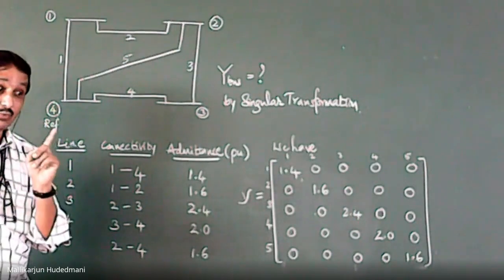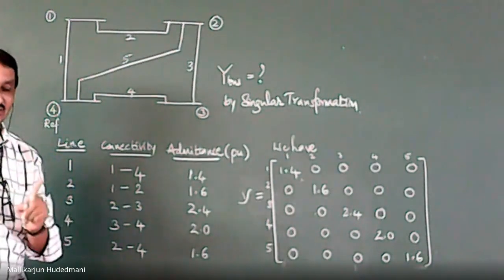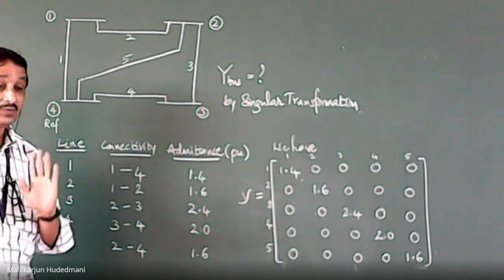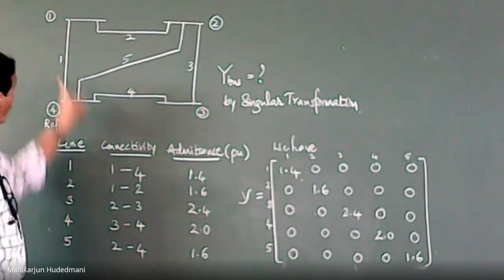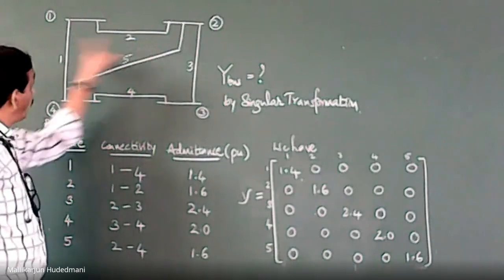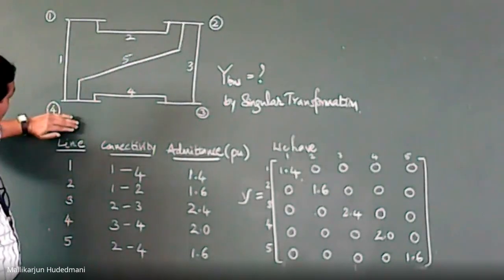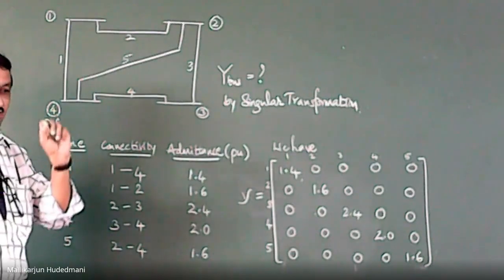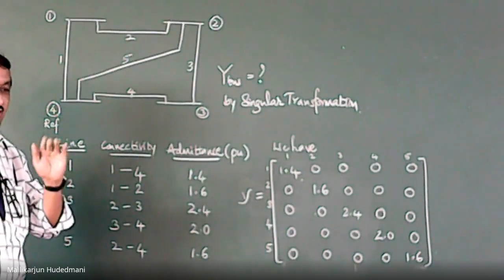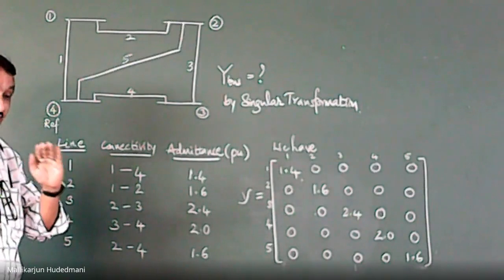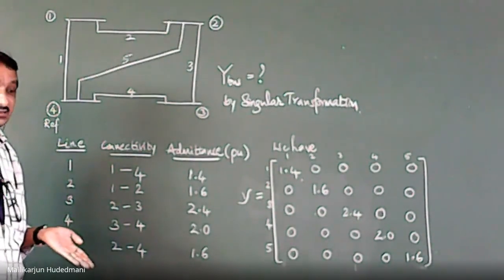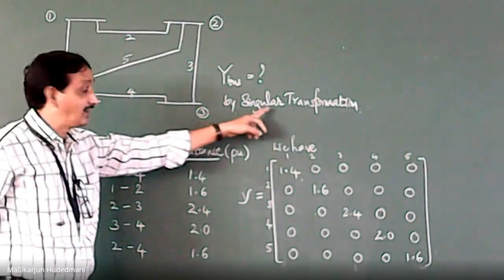If the same problem is done by the Y bus by inspection method, the Y bus dimension shall be the whole matrix. This is 4 cross 4. That time the reference concept won't be there. Only in the singular transformation method, when we transform network variables and parameters into a meaningful admittance matrix, singularity of matrix A comes in.